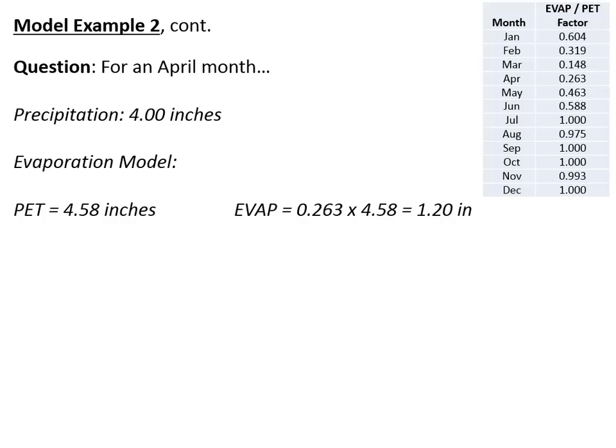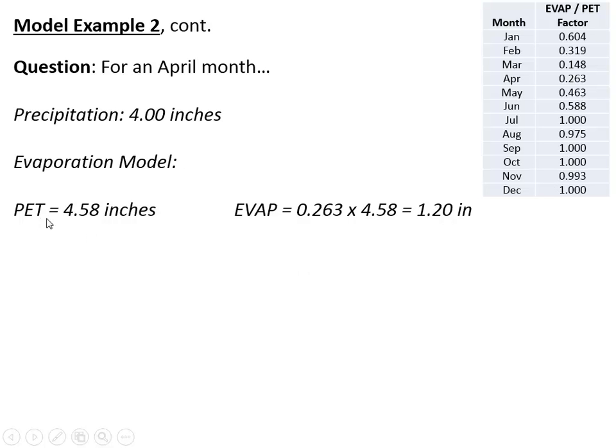There's this process of comparing how much potential evaporation there was to actual evaporation, because remember, PET just stands for potential evaporation. I looked at all the historical data and came up with, on a month-by-month basis, the ratio between the actual evaporation and the potential evaporation. It came up with these factors.